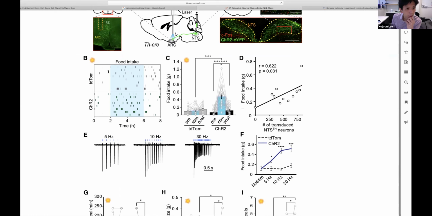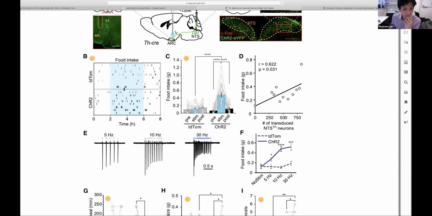What is each row? A mouse. So they're looking at multiple mice, mouse number 1, 2, 3, 4, 5, 6, 7, 8. Is it 8 different mice or 8 different trials of the same mouse? Let's see.